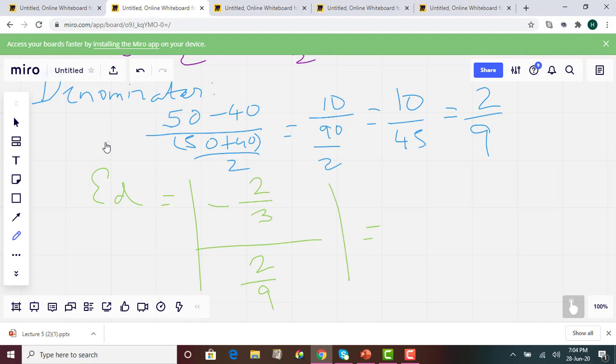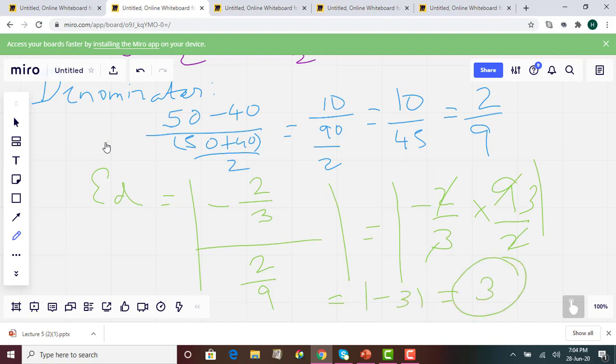If we convert that, it comes out to minus 2 by 3 times 9 by 2. The 2 cancels out, we get 3, so we have minus 3, but we take the absolute value, so the value of elasticity of demand is 3. Based on the criteria, it is greater than 1, so demand is elastic in this portion of the graph.